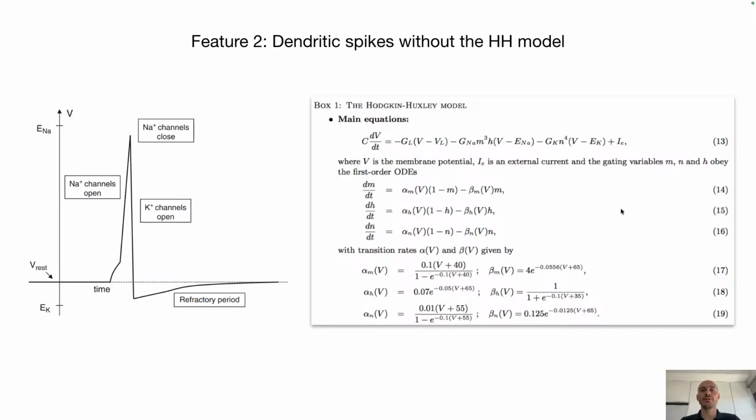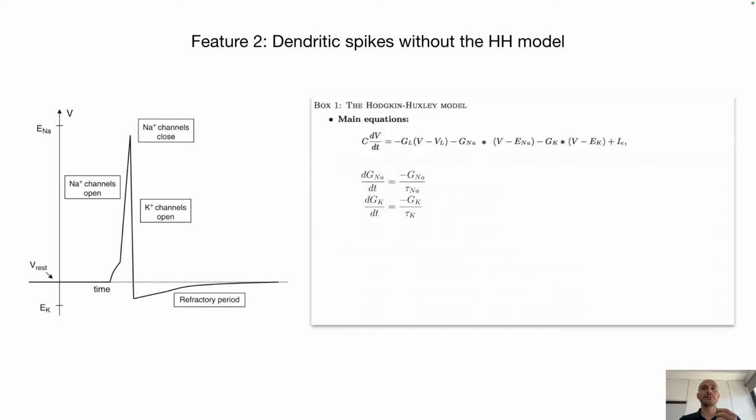But as you notice here, it's quite complex. It requires a lot of equations and parameters to use. So we thought, okay, can we do something simpler? Can we model dendritic spikes in a way that does not need to utilize the HH model? And this is exactly what we did.